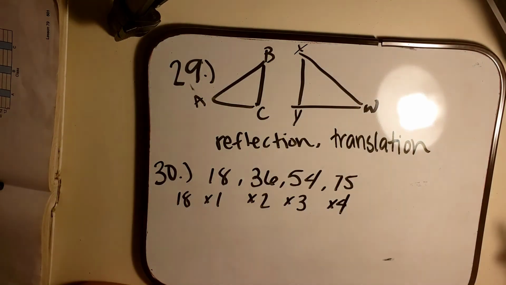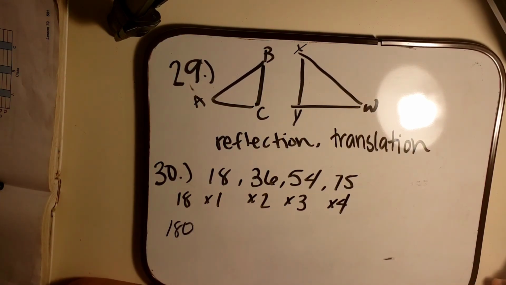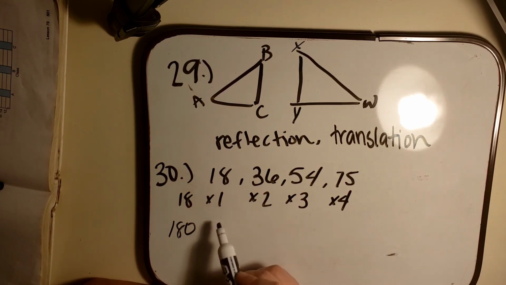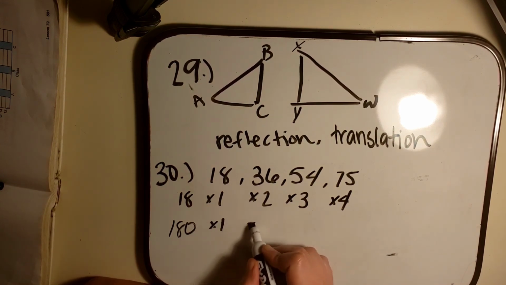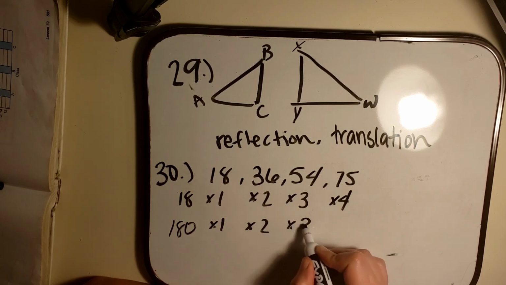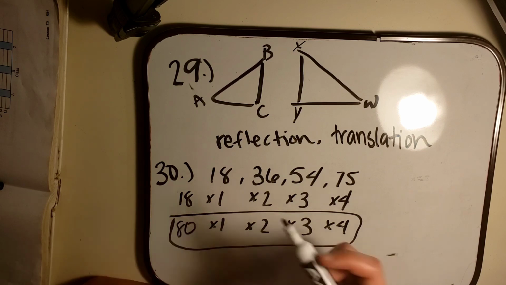And actually I'm just going to set you up on number 30 because you can do the math yourself. Now it wants to know, what are the first 4 multiples of 180? So if you think about it, 180 times 1, 180 times 2, 180 times 3, 180 times 4 is how you're going to get your answer.